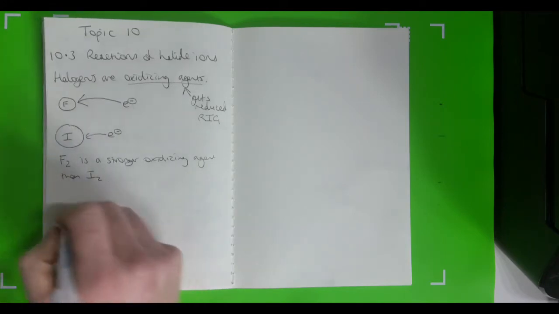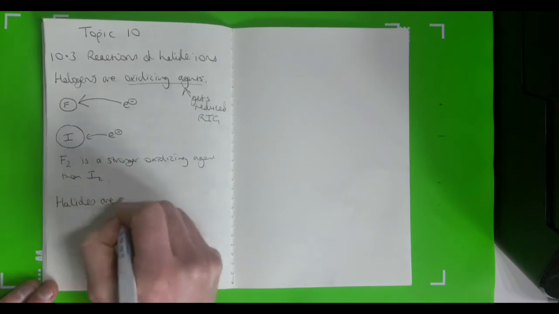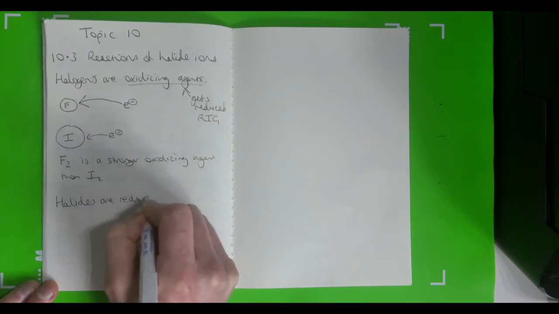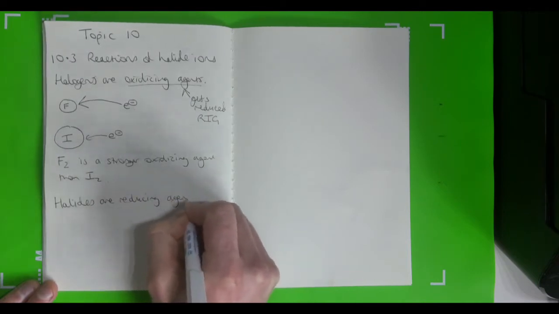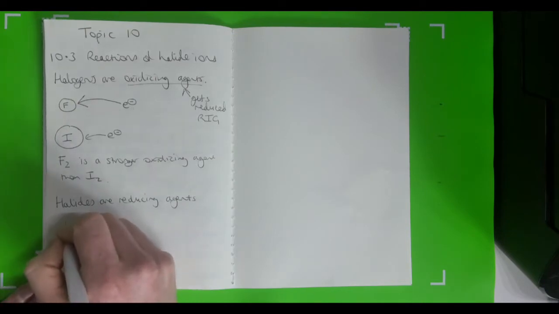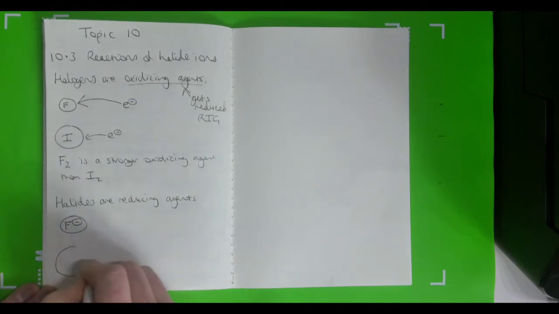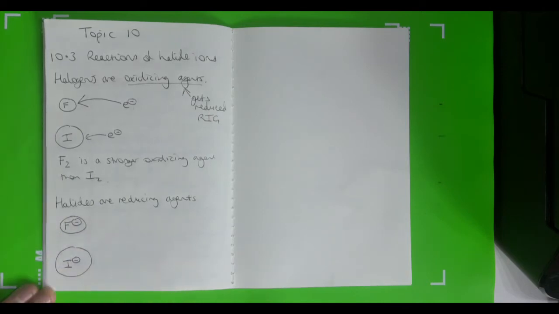Now, halides are reducing agents. Remember, halide ions have already got that electron. So we have an F minus here, it's quite small, and an I minus, which is much bigger.